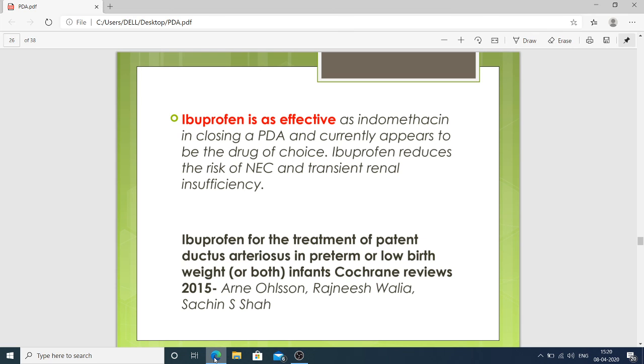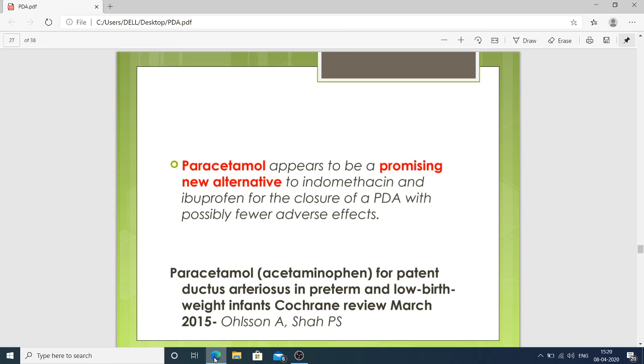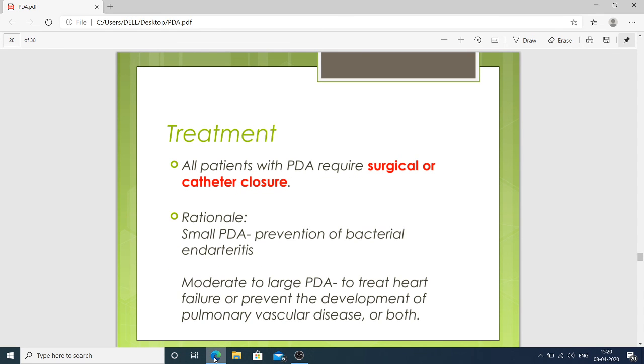Ibuprofen reduces the risk of NEC and transient renal insufficiency. Then paracetamol appears to be a promising new alternative to indomethacin and ibuprofen for the closure of a PDA, with possibly fewer adverse effects.